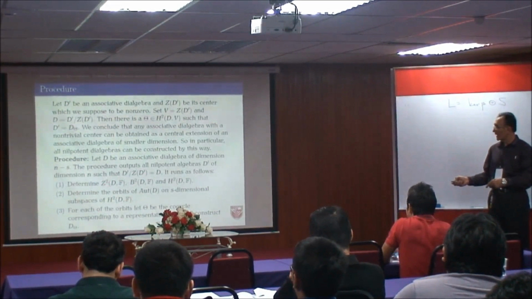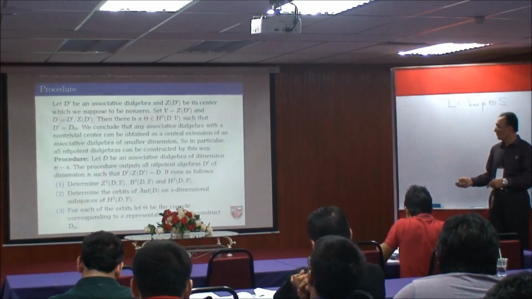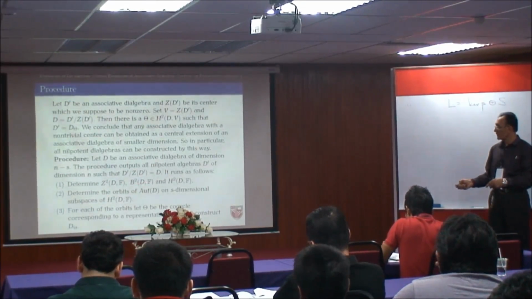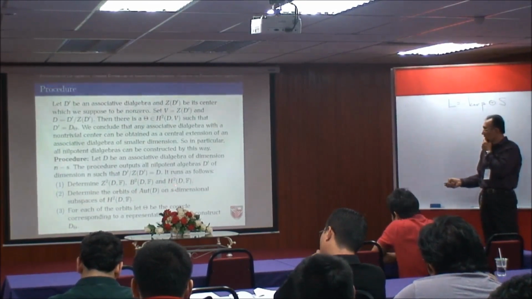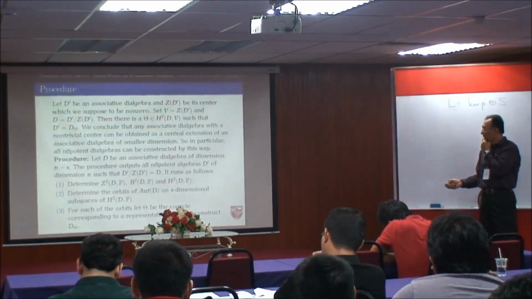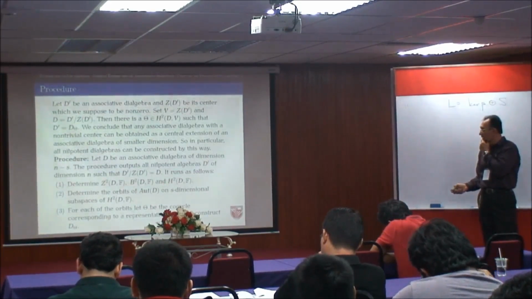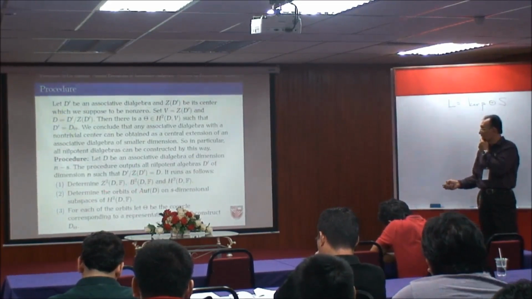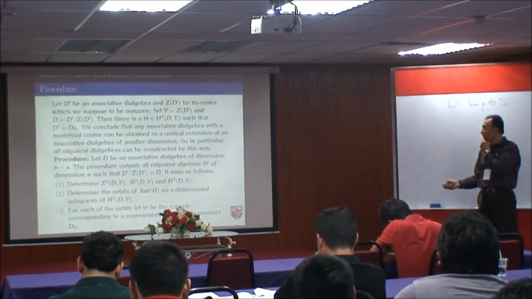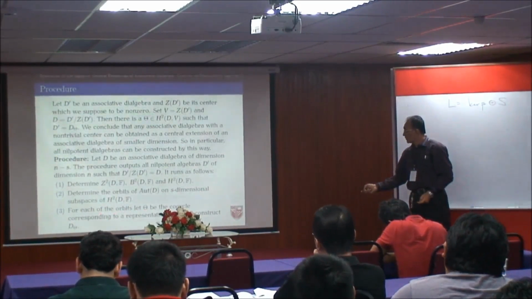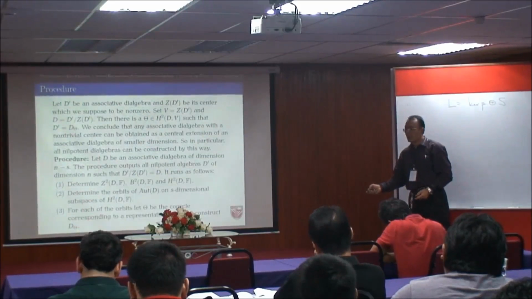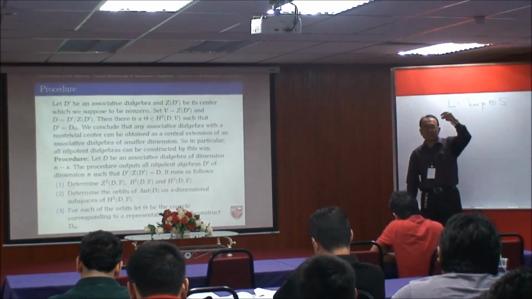I will take cocycles modulo coboundaries with values in F, with values in M, or in the dimension. So I will construct the cohomology group of D with values in F, then start to act by this automorphism group on this cohomology group and define some subspace having the same dimension. So finding this, of course, there will be a lot of such kinds of algebras.